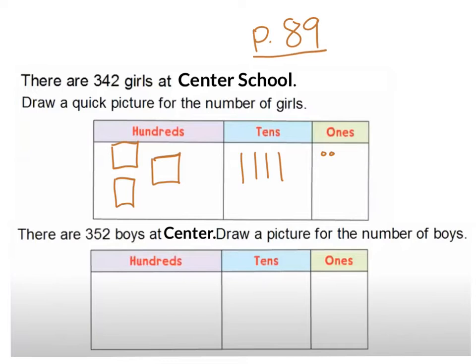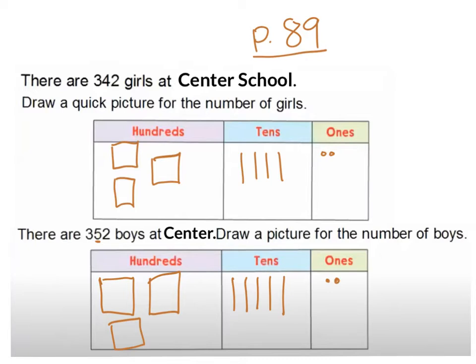There are 352 boys at Center. Draw a picture for the number of boys. So again, 300, this time 5 tens, because we have the 5 right there. 1, 2, 3, 4, 5, and 2 ones.